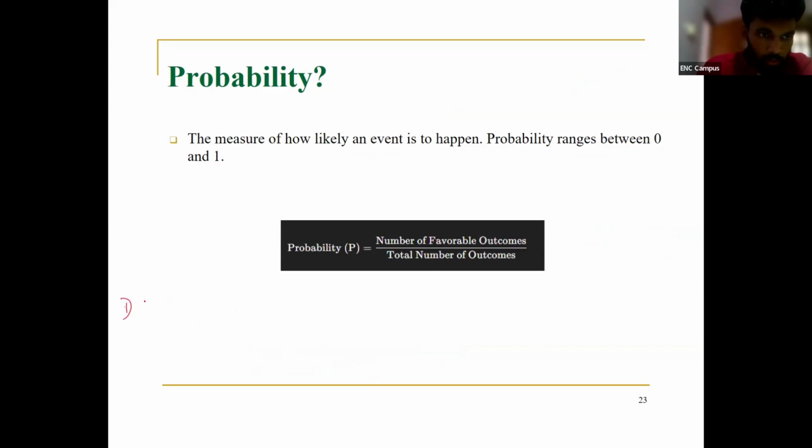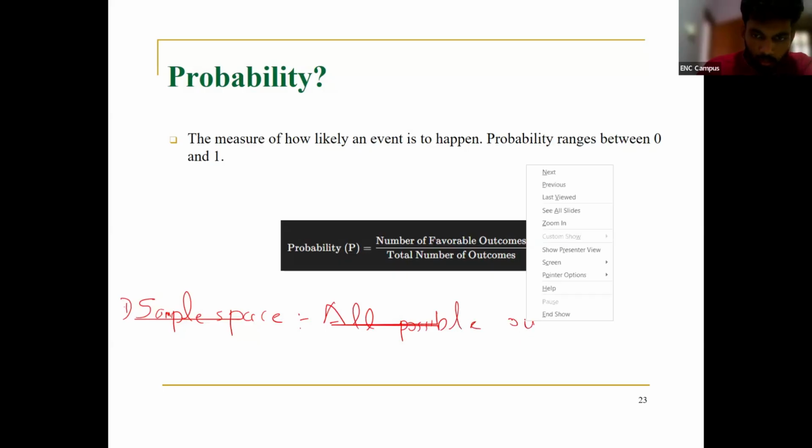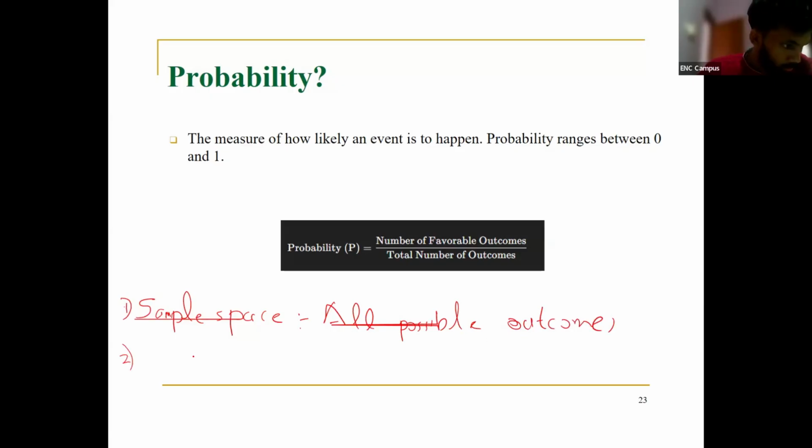In probability, we have some terms. The first is sample space. Sample space means all possible outcomes.